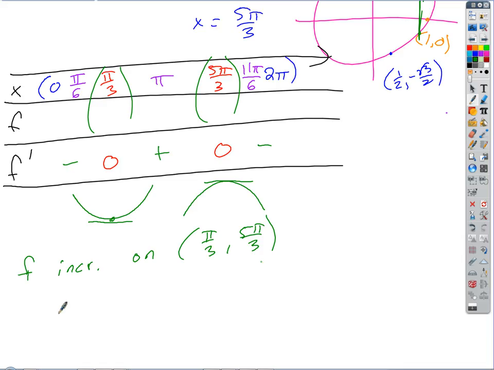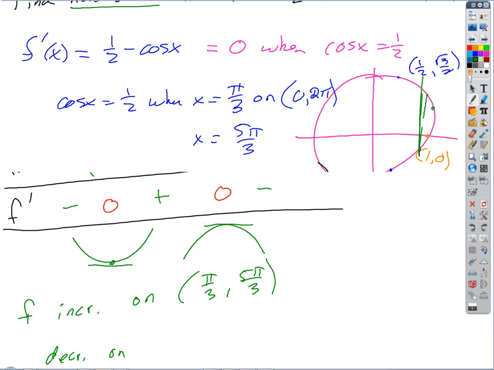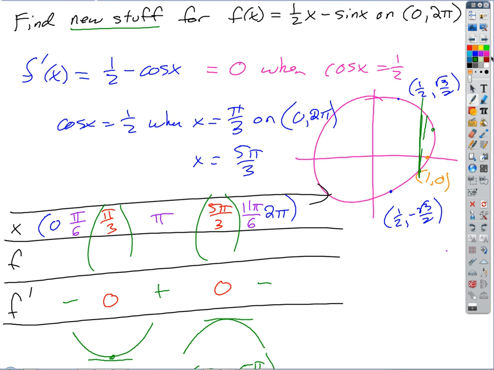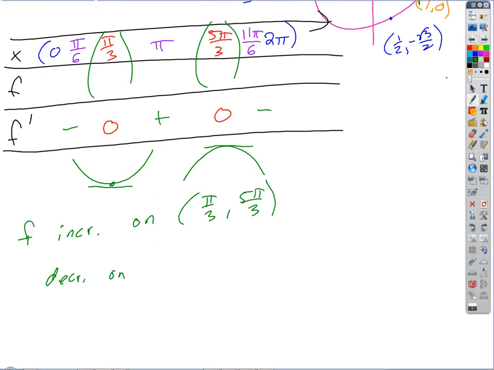It's going to be decreasing on, well, we're bounded, so from 0 to pi thirds. So x is greater than 0 and less than pi thirds, or x is greater than 5/3 pi and less than 2 pi.